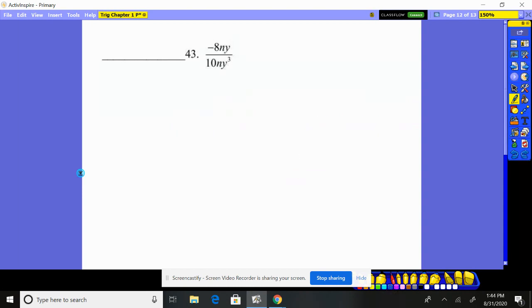43. Oh, 43 is nice and easy compared to what we've had. So all we have is negative 8 in y. The reason I put the negative 8 is some of you are going to try and move it. It's not a negative exponent. It's just a negative number. Now we just cross out. Well, that y and that y go, but don't forget 10 and 8 both can be divided by 2.